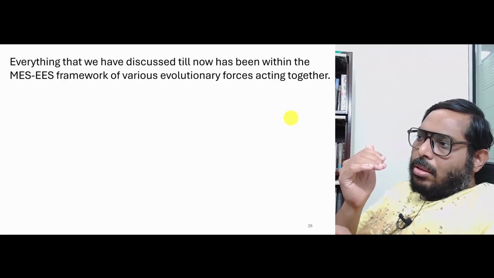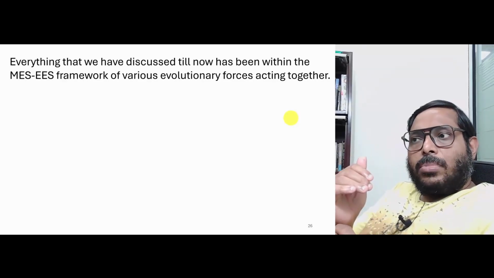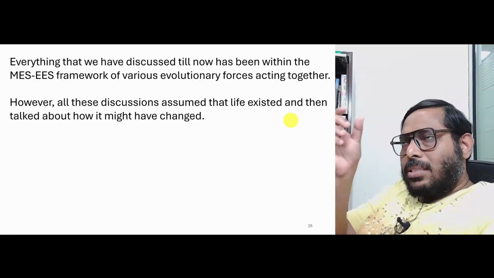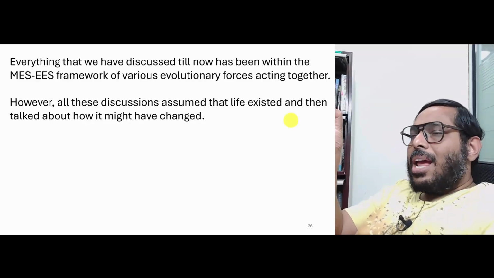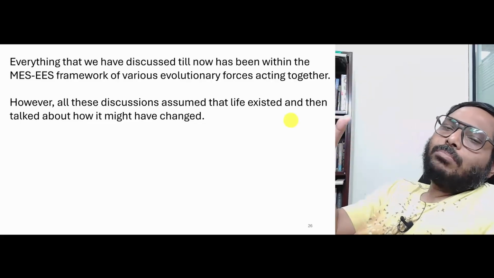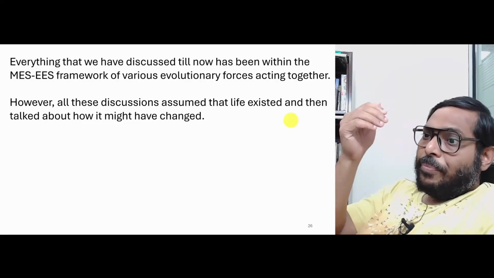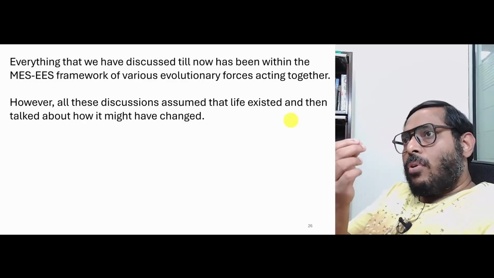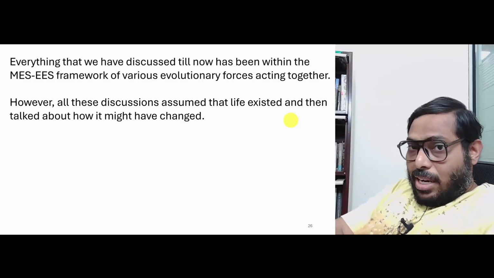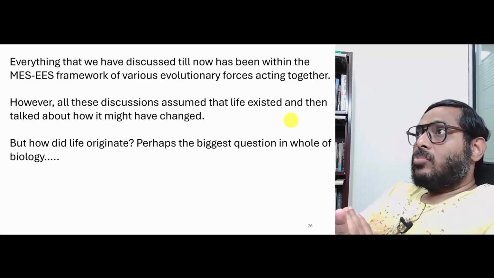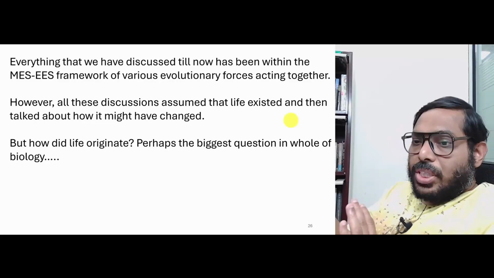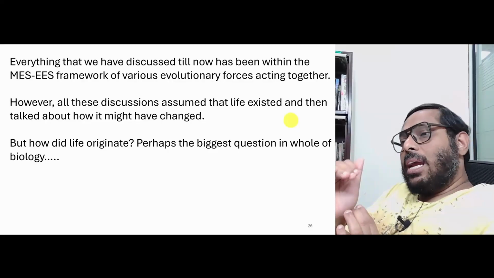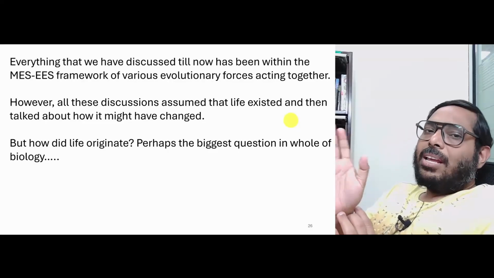This framework presupposes that life exists, and then it starts talking about how things might have changed after that. But the crucial question of how exactly life originated, perhaps the biggest question in the whole of biology, actually falls outside the purview of both the MS and the EES.